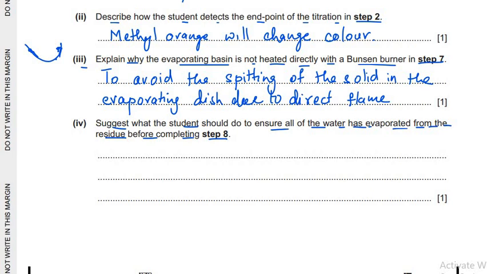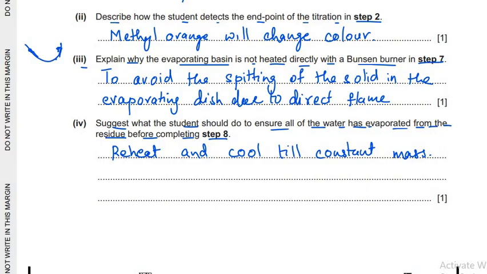So we can write here that we should reheat and cool till constant mass, that is keep on heating and cooling till it gives a constant mass of the evaporating basin.